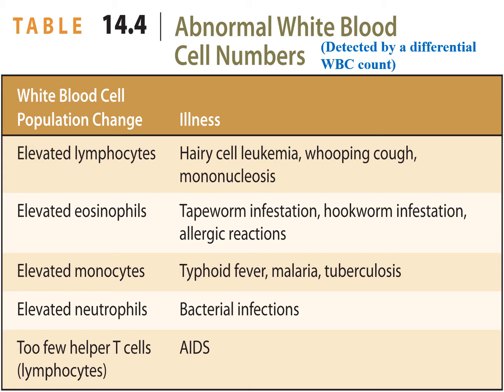Oftentimes, different illnesses are diagnosed based upon blood that's taken from the patient and analyzed. And one thing that they'll often do is they will compare the percentages of these 5 types of white cells to normal percentage ranges. It's referred to as a differential white cell count.